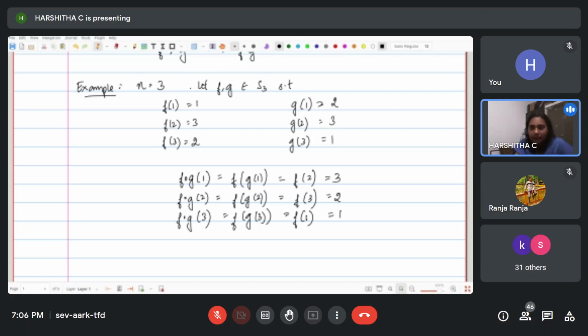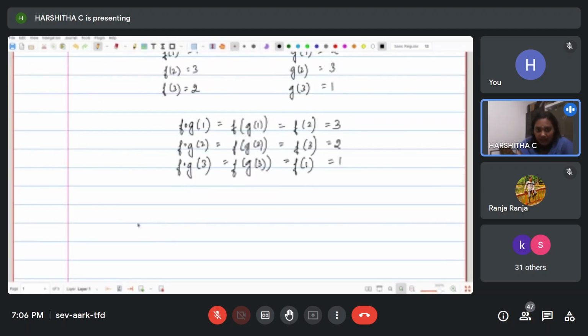We'll quickly recap what we did last time. We saw a different way of denoting this. The function f, we can write it as: on the top we write 1, 2, 3.